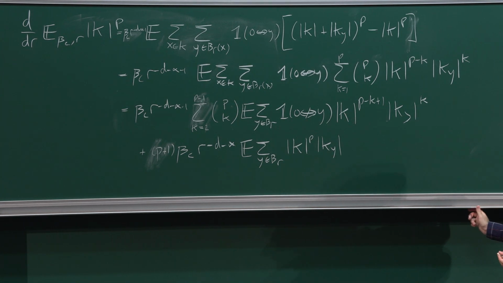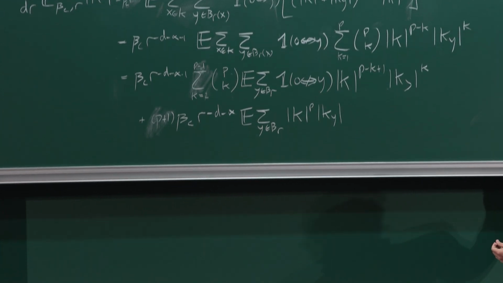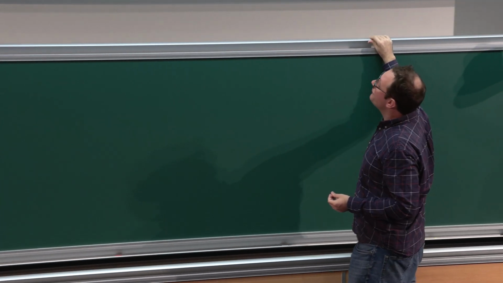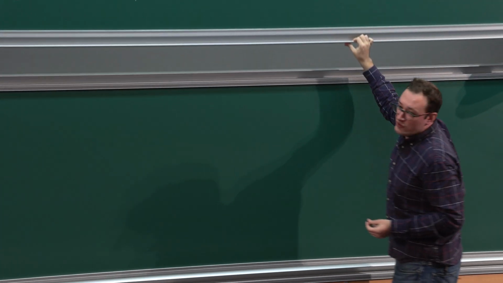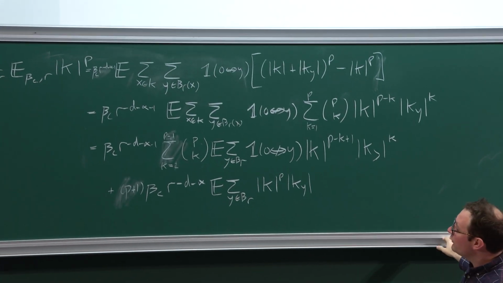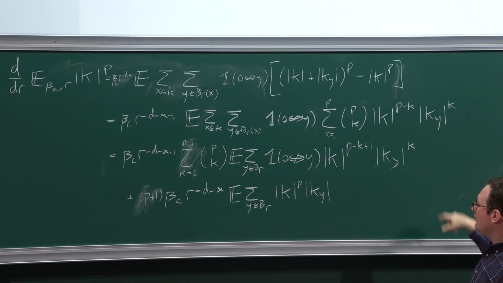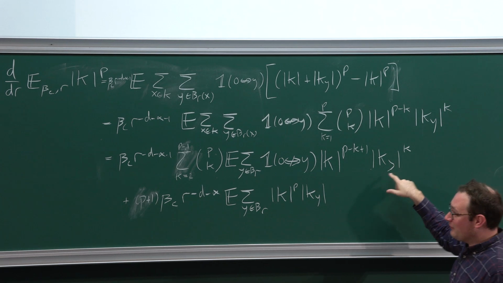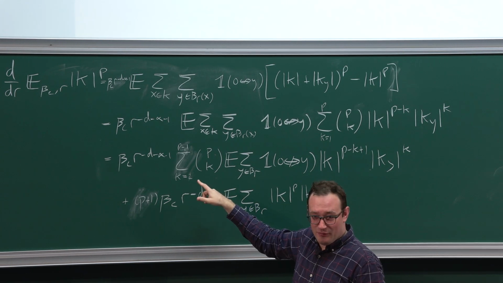This is valid always. The point is, under what conditions can we simplify this? Okay, so let's start by looking at the second moments. And actually, there's going to be a really important difference between the second moment and the higher moments, which is in the second moment, this term doesn't exist. I only have this term, right? I mean, the sum is empty for the second moment.